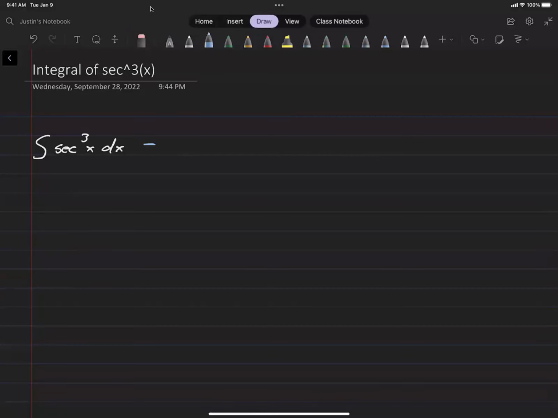So first thing I want to point out is we can rewrite the integral of secant cubed x as the integral of secant x times secant squared. All right. And from here, we're going to go straight to integration by parts. And I'm going to use the DI shortcut method. So what do I want to derive here?